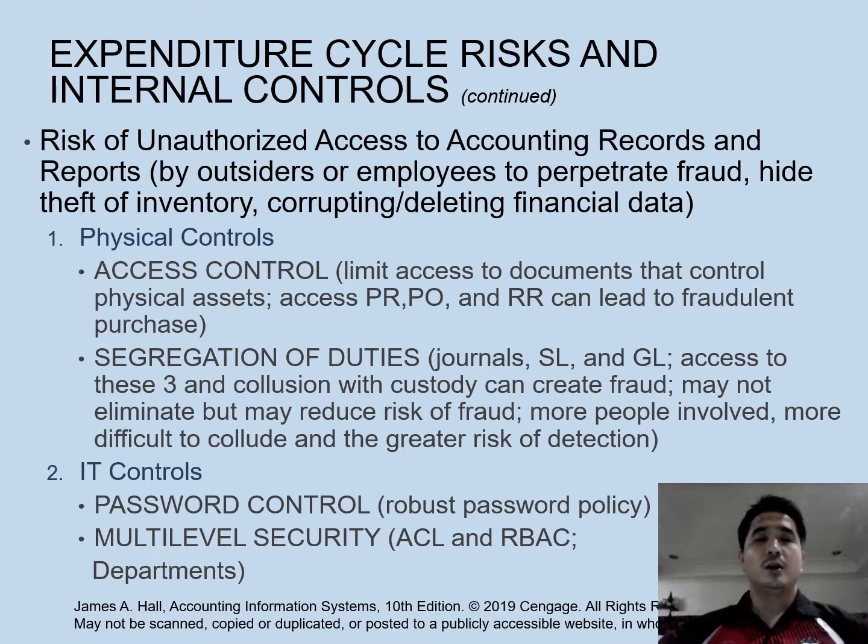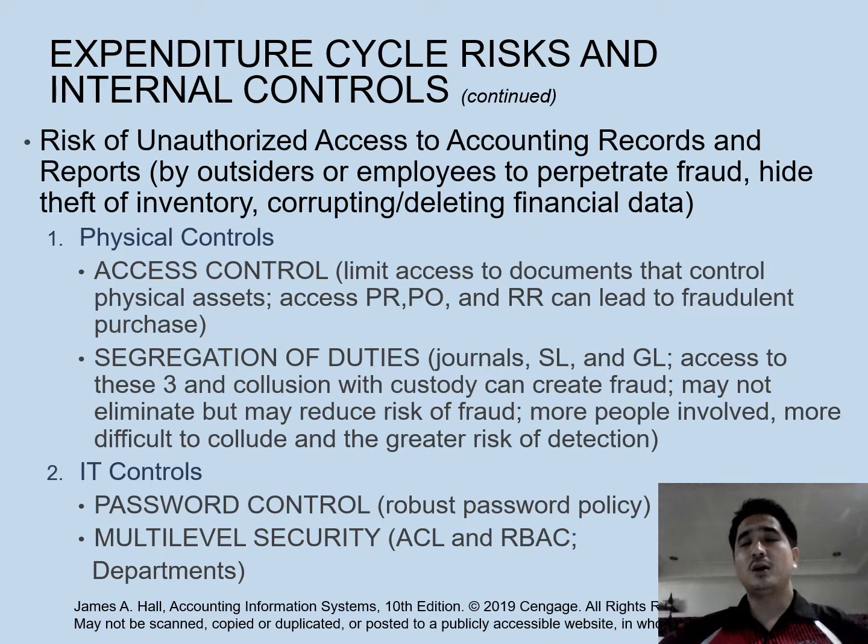For the SOD, you separate journals, subsidiary ledger, and GL. These actually pertain to the third type of SOD, which I appreciate in this one. It tells us that we need to separate those who handle journals, SL, and GL, which is advantageous because if these three accounting records are only handled by one person, and he connives with the one who has custody, then he can immediately perpetrate fraud.